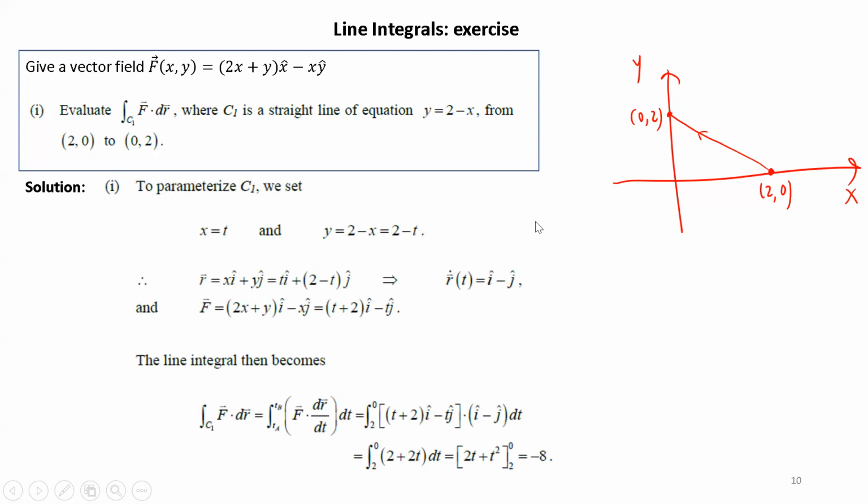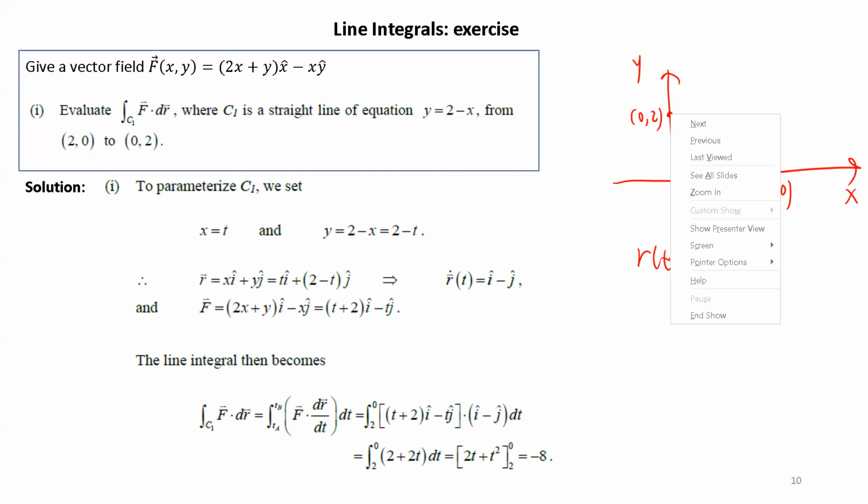Of course, the procedure is exactly the same. First, you need to find r as a function of t, from this point to this point.